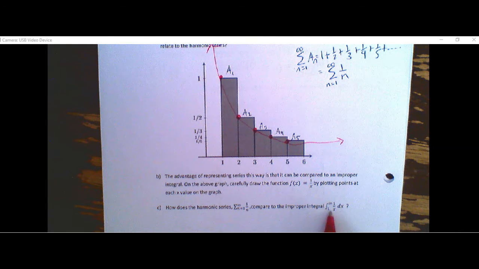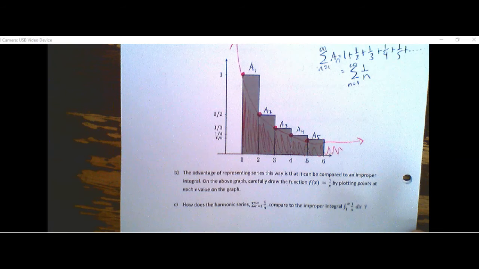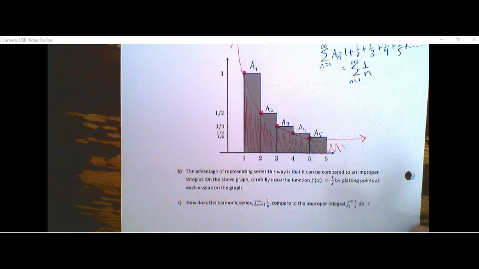Well, let's shade that area. So the area represented by this improper definite integral would be this area here, right? So how do the sum of the areas of those rectangles compare to the improper integral?